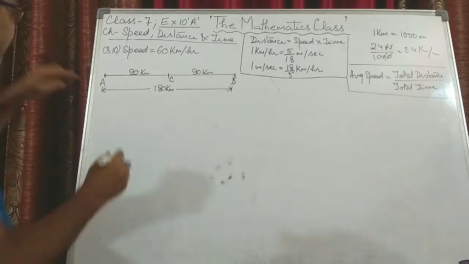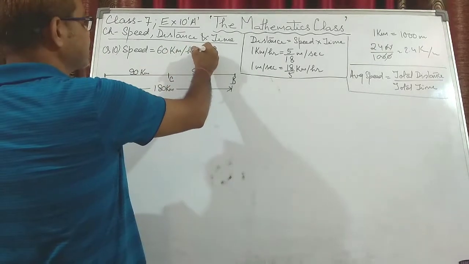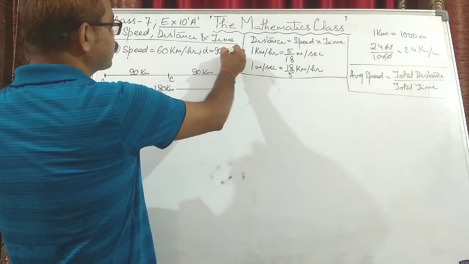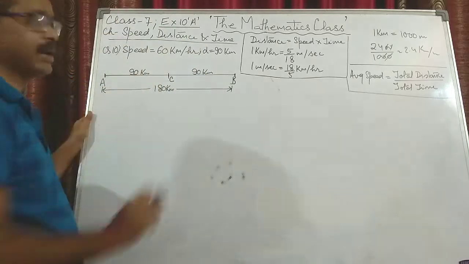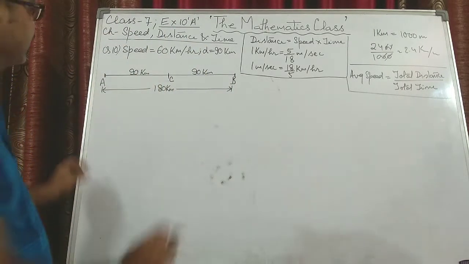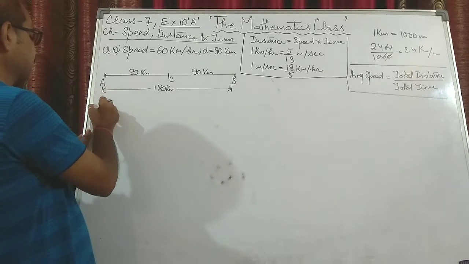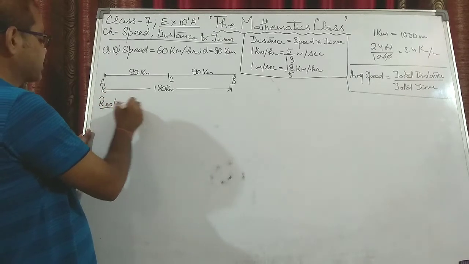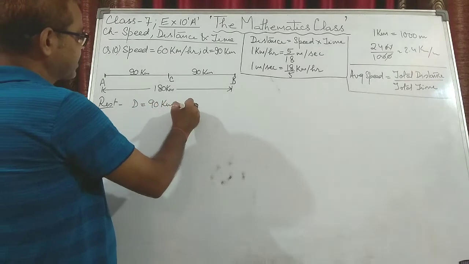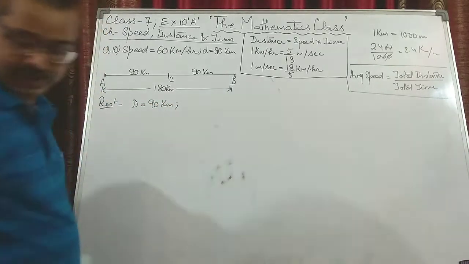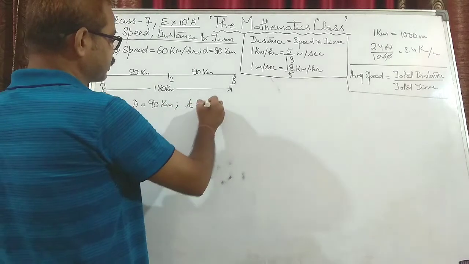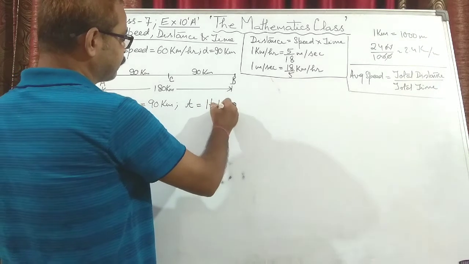It is given that he has already traveled 90 kilometers at a speed of 60 kilometers per hour, and the rest, 90 kilometers, is traveled in 1.5 hours.